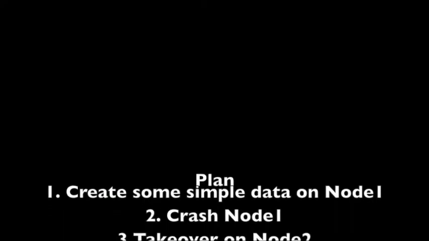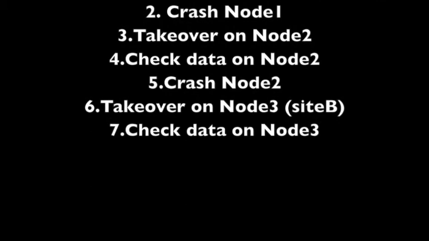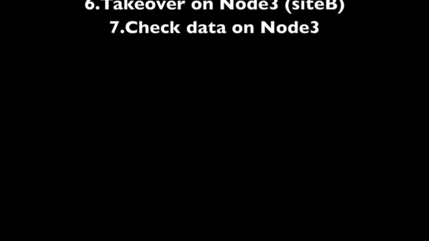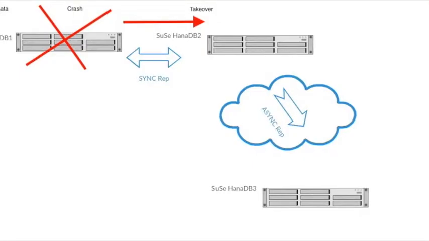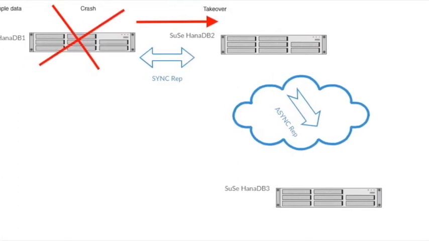Part 2, failover test and data integrity. The plan is the following. Let's check the diagrams first. I will crash the first node by sending a kernel panic to the Linux operating system.